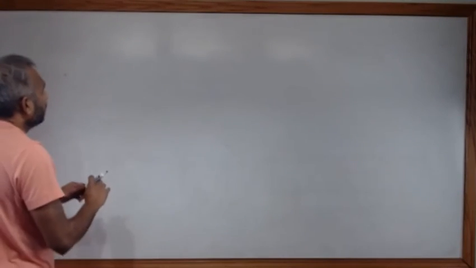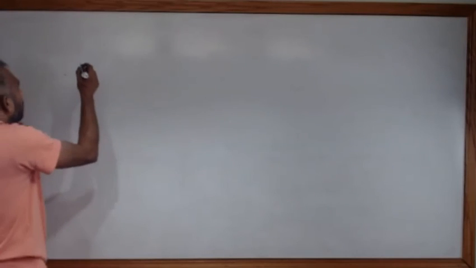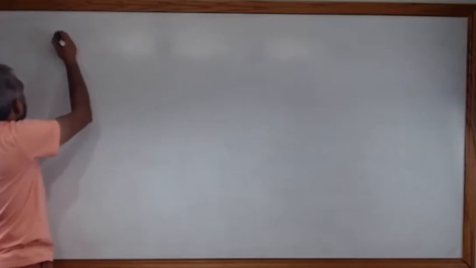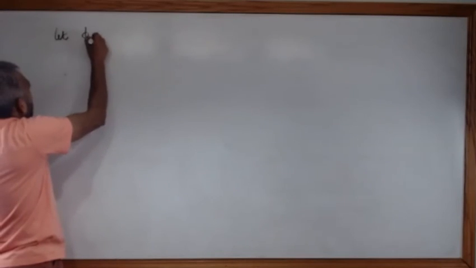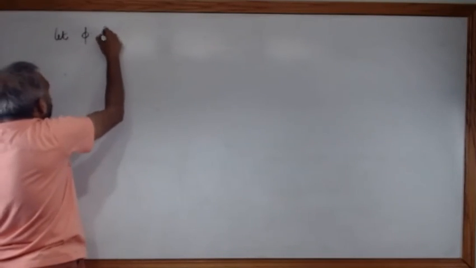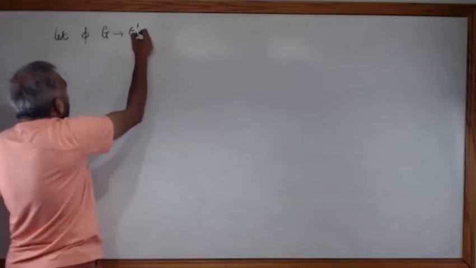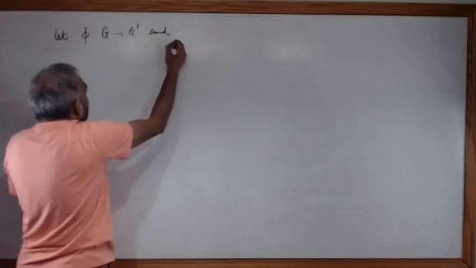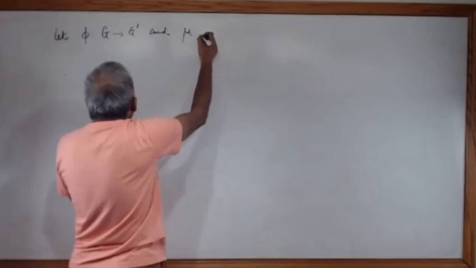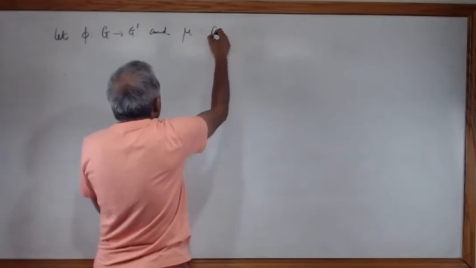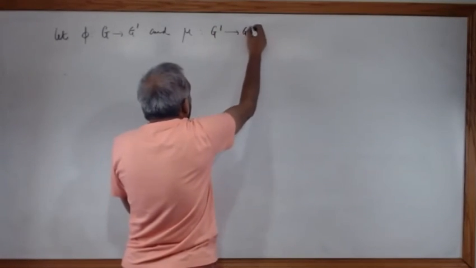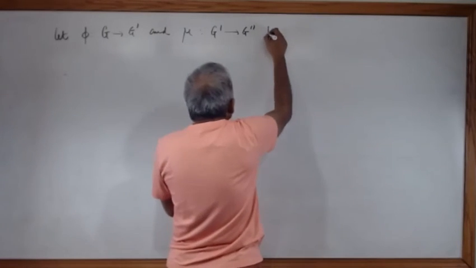We will do another very simple but very important result. Let phi be a homomorphism from G to G prime, and mu is a homomorphism from G prime to G double prime.